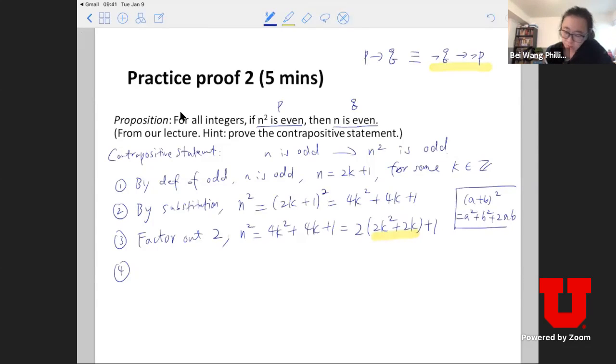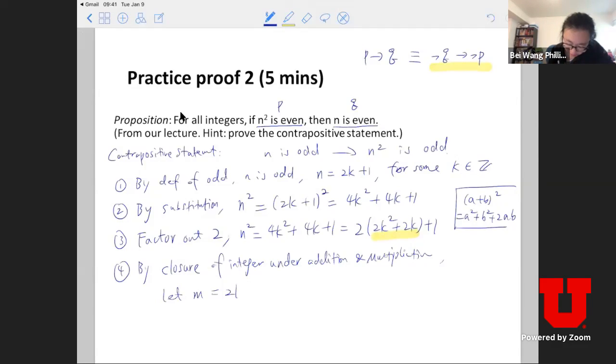So in order to do that, we want to use closure of integer under addition and multiplication.